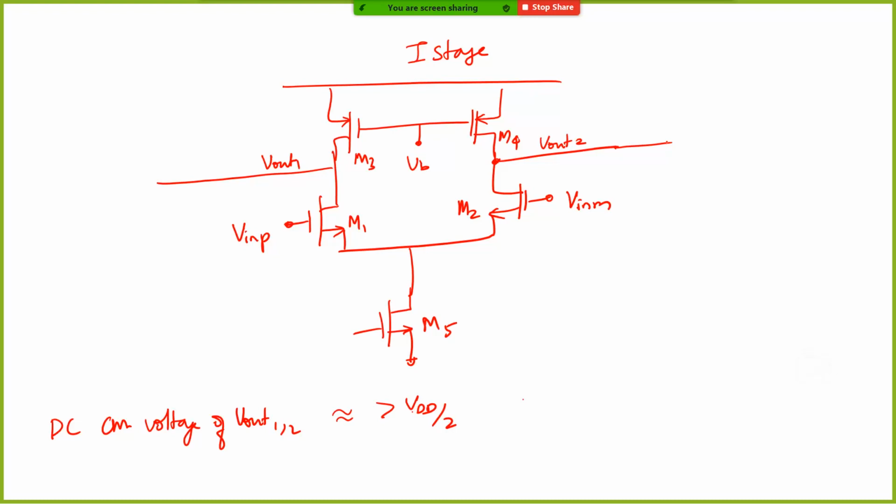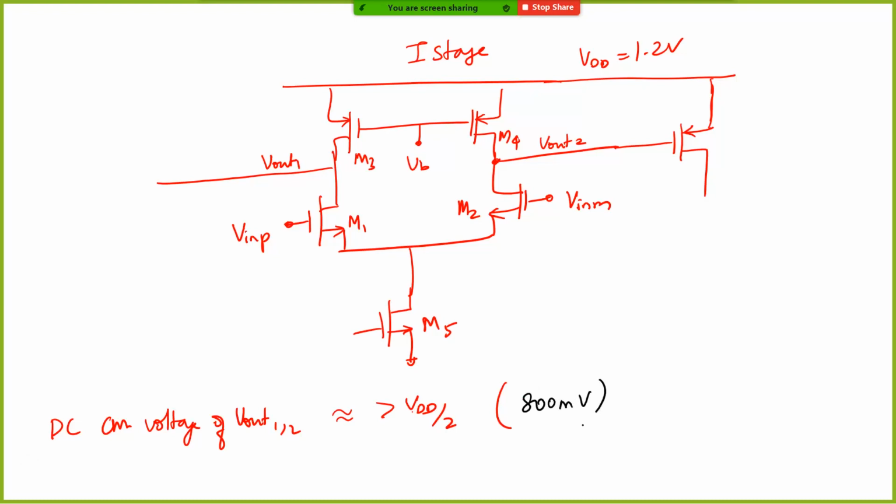So that bias voltage, it's more convenient to give to a common source amplifier where the input transistor is a PMOS. Okay. So for example, if your VDD is, let's say, 1.2 volt, maybe your Vout1, Vout2, for example, is around 800 millivolt.